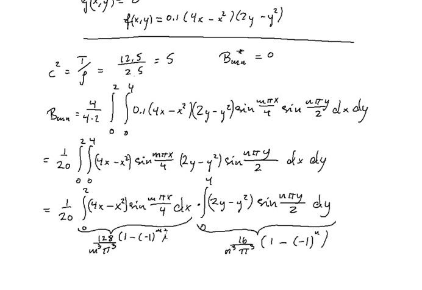We find that this integral is computed by this method, and the result is what we write here. It's 128 divided by m cubed pi cubed, multiplied with 1 minus minus 1 to the m. And this is the result for the other integral, and we just multiply these values with each other.